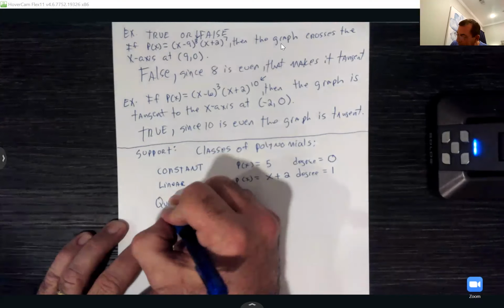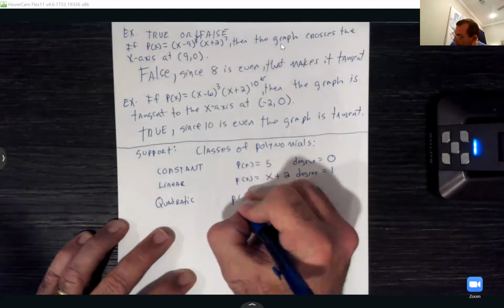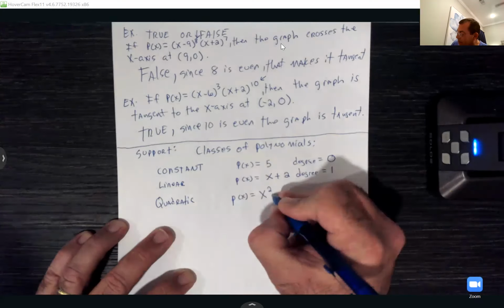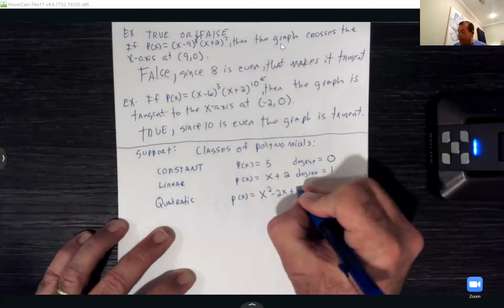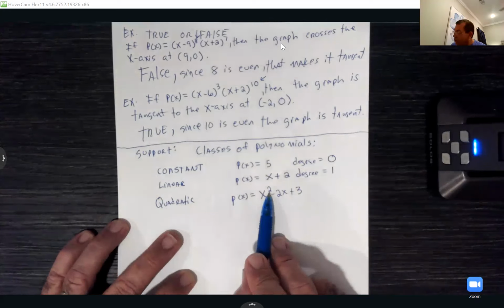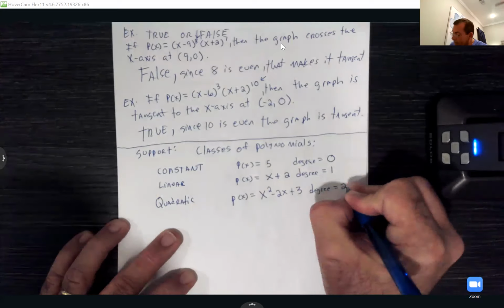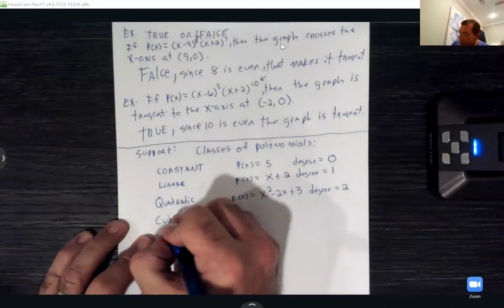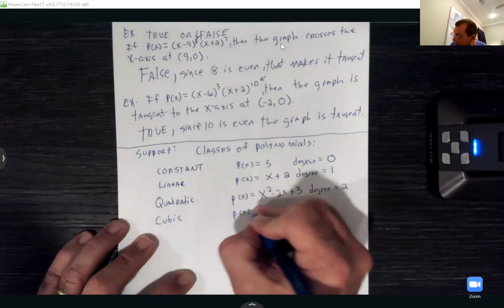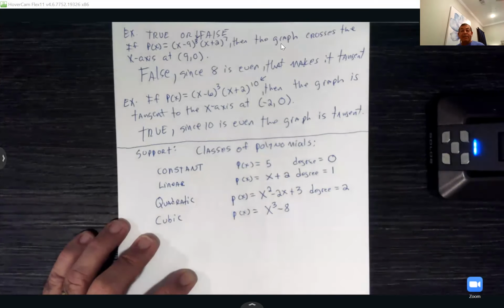Quadratic is next. So those would be like your P of X equals something like x squared minus 2x plus 3. That means the quadratic has a degree of 2. Next is cubic. Cubic could be a P of X equals x to the 3rd minus 8.